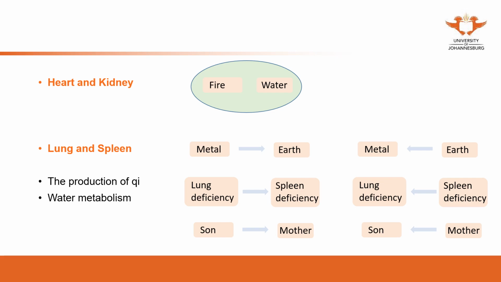These two, from the 5 elements, are examples of the pathological changes in our clinic. How are we going to use these theories? Because lung deficiency due to spleen deficiency also involves a relationship with the products of the qi.